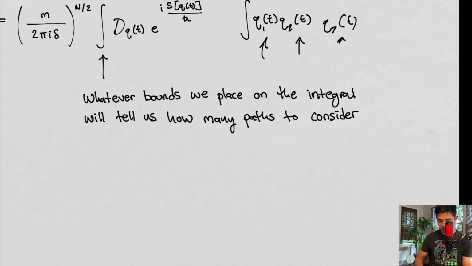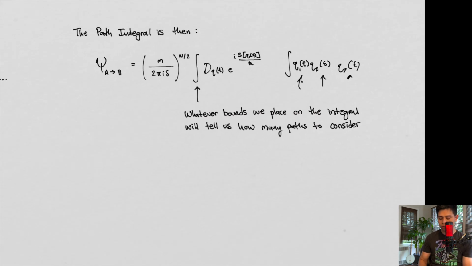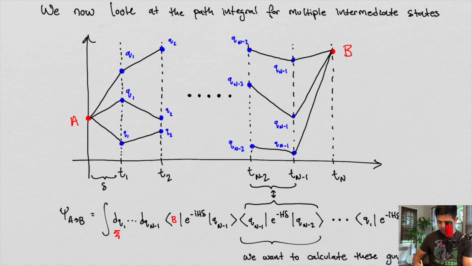Whatever bounds we place on the integral tell us how many paths to consider. So if we go back to this picture right here, what that integral is doing is taking into account q1, q2, q3, 4, 5, 6, 7, 8, and say 9, right?